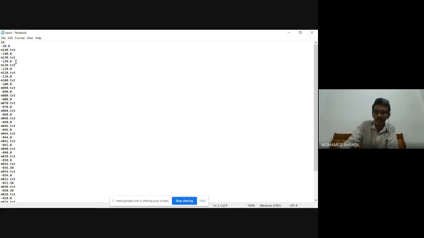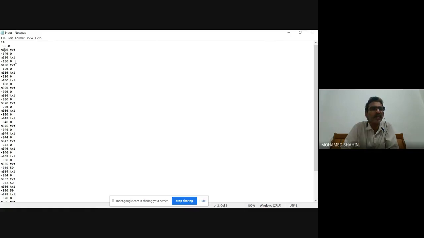Then after that, there are M minus 140 and minus 140. This means M is the name of the file and this is the temperature in degrees. As we all know, M minus 140 is nothing but the file corresponding to minus 140.